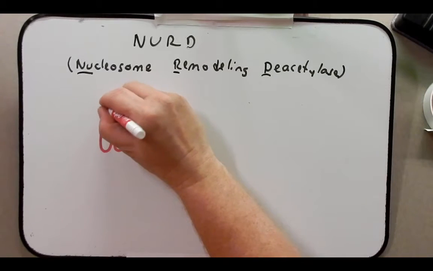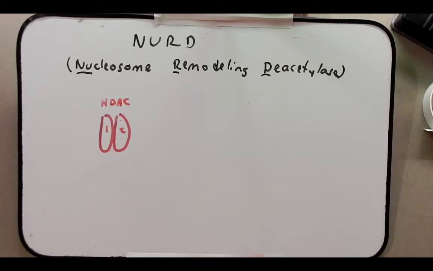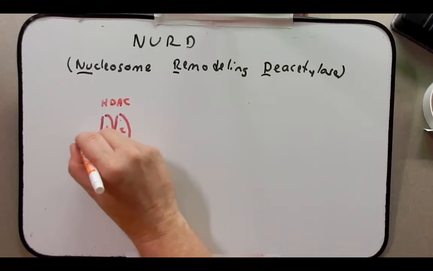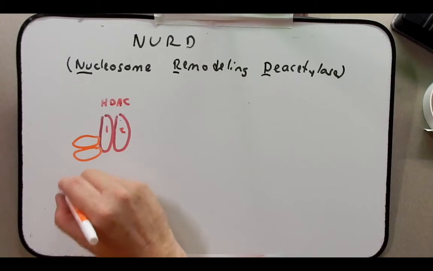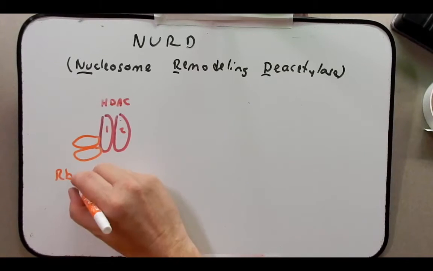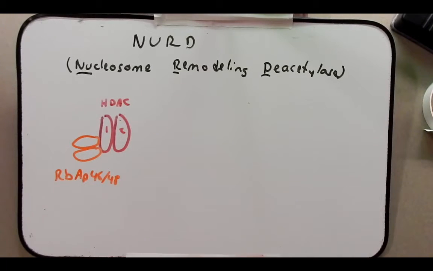So we have our HDACs here, 1 and 2. They still have the catalytic ability to remove the acetyl groups from the histones, but they need some help. They can't just work by themselves. So the next one I want to put on here is these proteins called RbAp46 and 48.